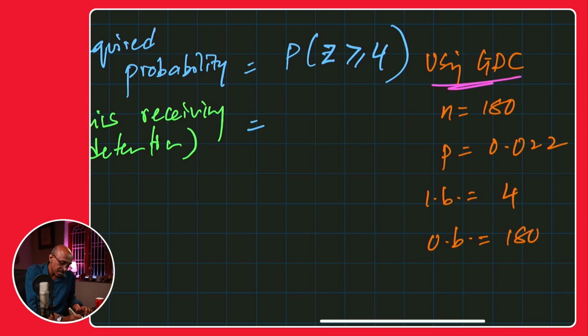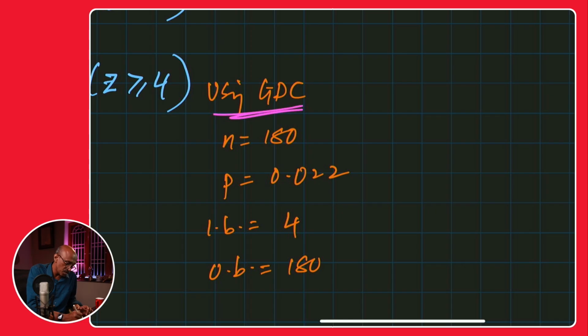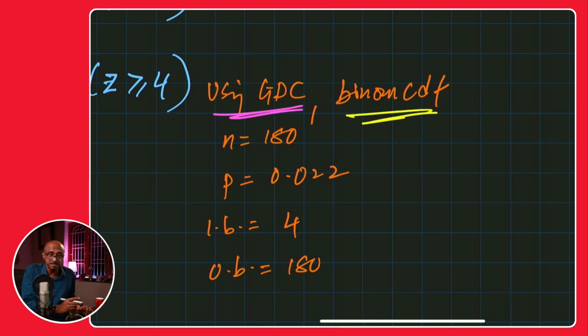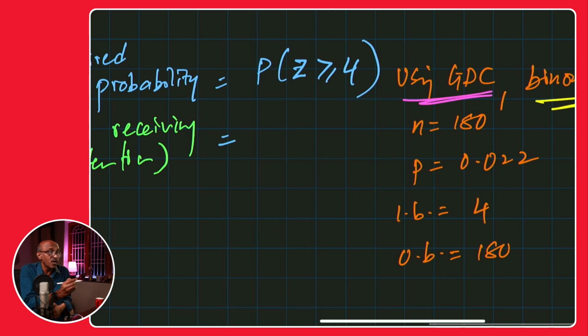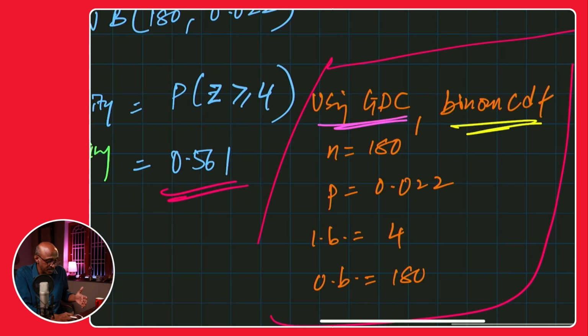Make sure you've written that. As I said earlier, you could also include the phrase using GDC binomial CDF, so that even if you made an error, because sometimes students are more worried about the final numerical value. This 0.561 is just the final numerical value. This is what's considered as working. So make sure you enter these things.